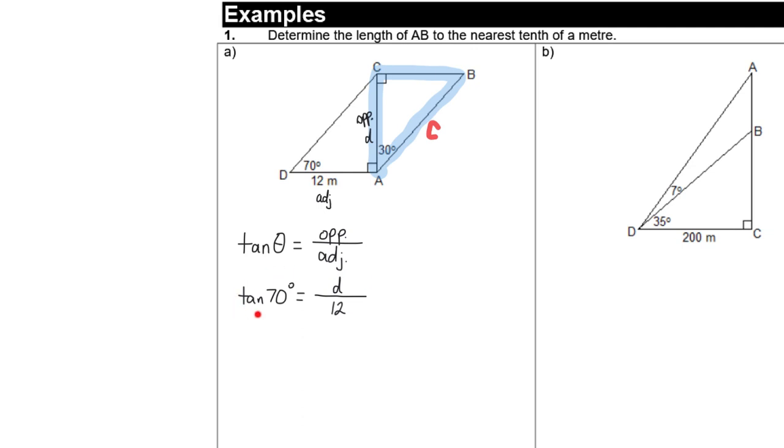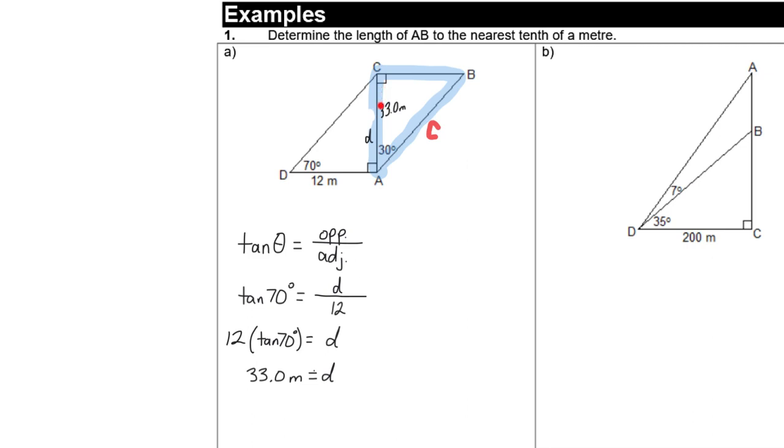So now if I look at this equation, my unknown is on the top of the fraction. So to solve for this, I need to get rid of the 12 by doing the opposite operation. So instead of dividing by 12, I'm going to move that over here to be times 12. So 12 multiplied by the tan of 70 is equal to D, and that's approximately 33 meters.